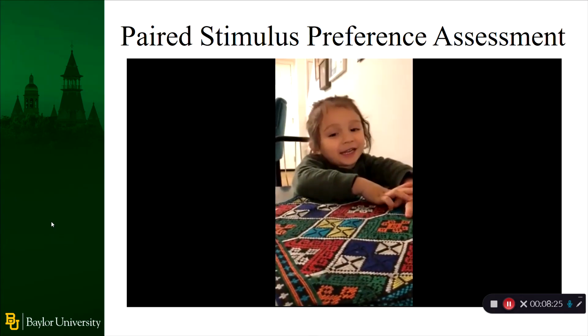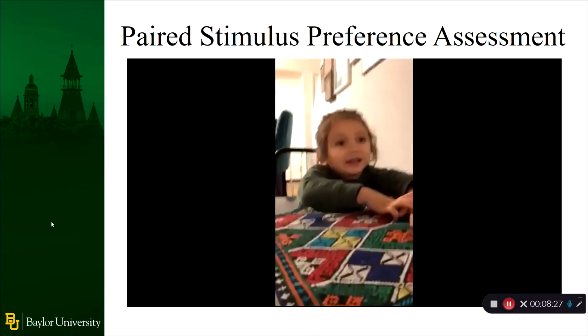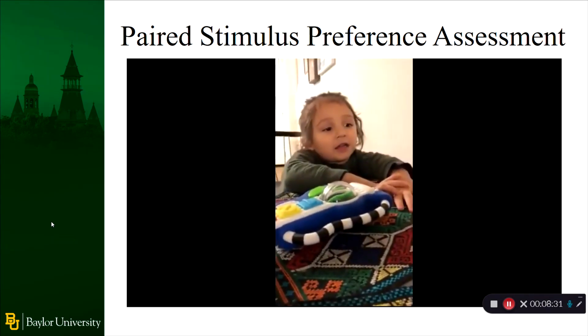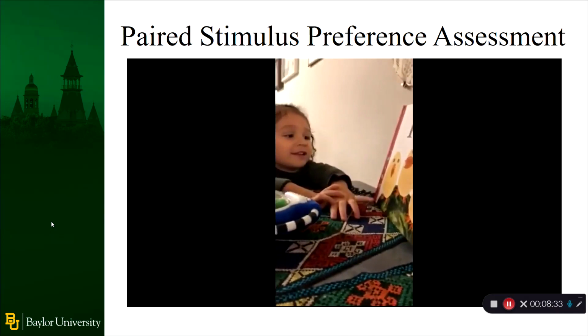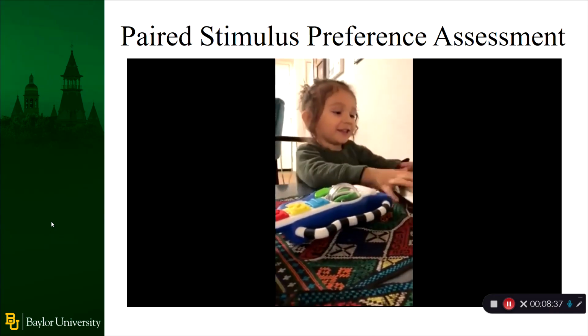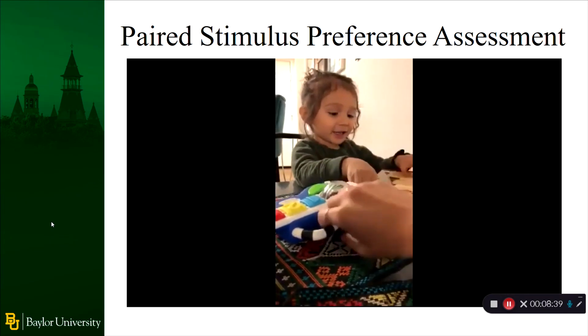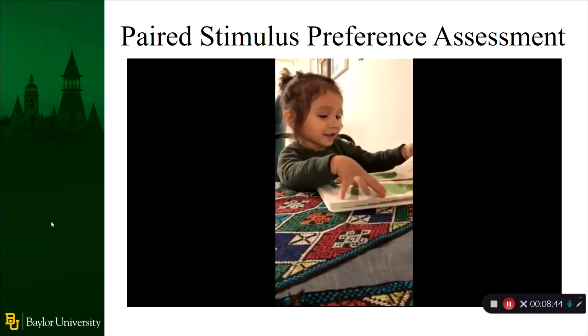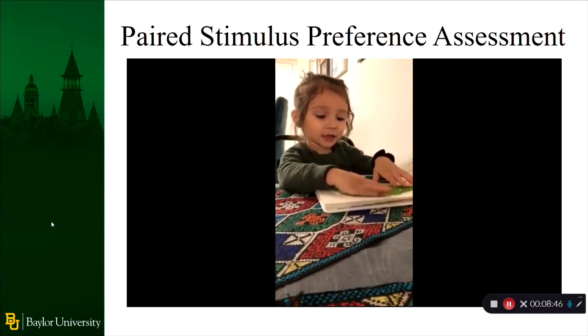Okay, ready? Yes. Or the book. Which one do you want? A book. Okay. Take it. Read it. Okay, open it. What's that? Ooh, what color? Read it. What color is it?